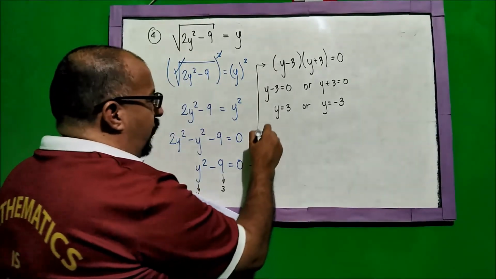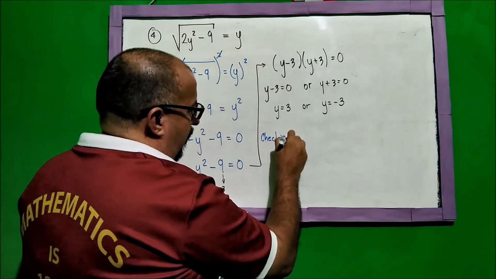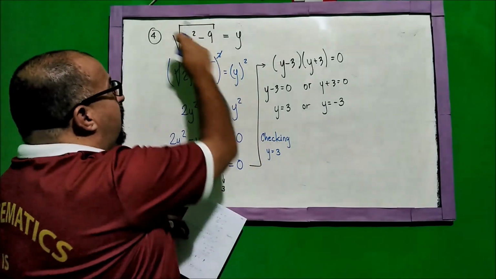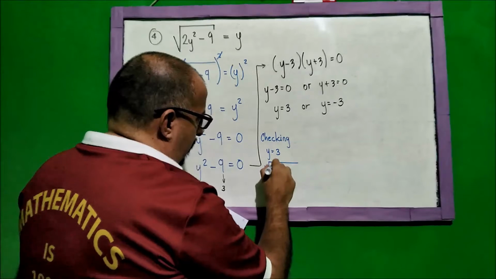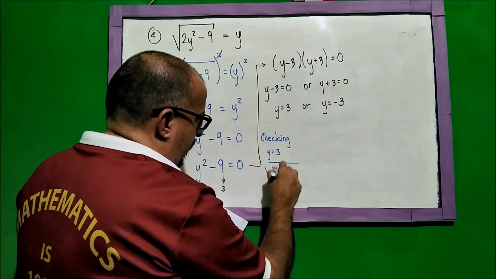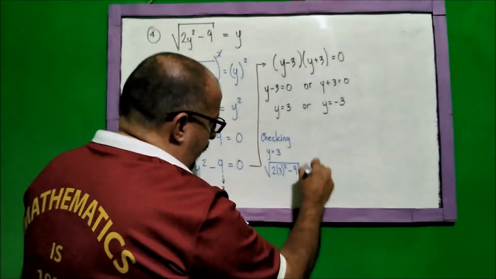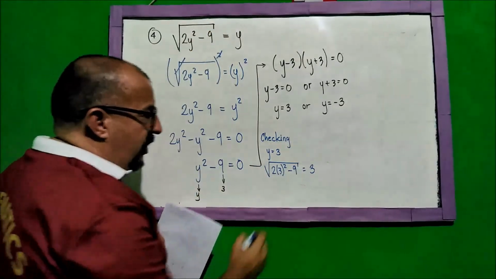So in this case, we need to do checking when y is equal to 3. So we bring y equals 3 to the original equation. 2 times 3 to the second power minus 9, and this will be equal to 3. If you remember, we're replacing the 3 in every y that we see.